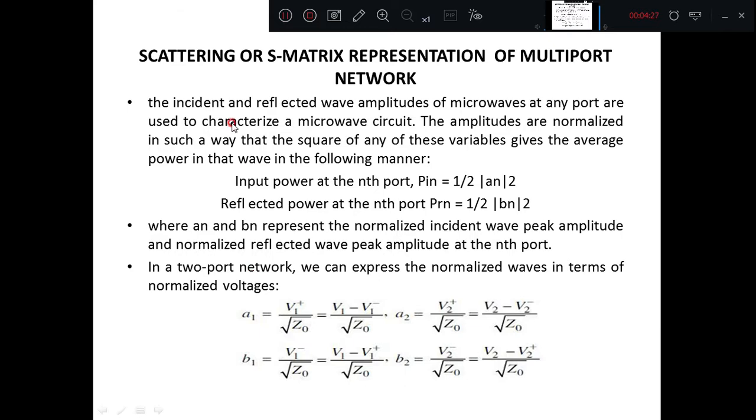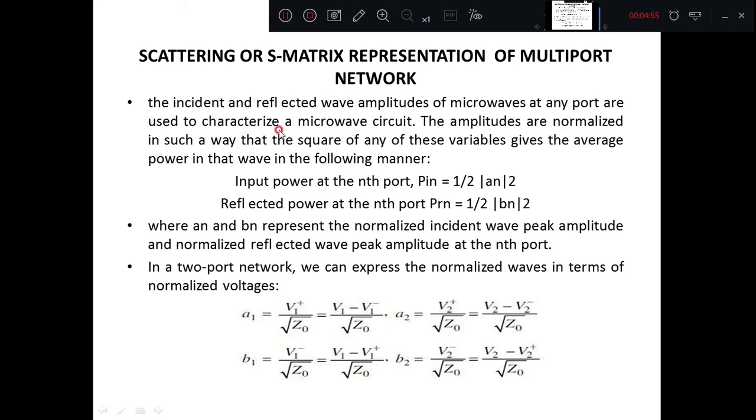They are namely incident and reflected wave amplitudes of microwaves at any port, which are used to characterize microwave circuits. So how many types of waves are we using? Two types of microwaves at any port. And the amplitudes are normalized, the amplitudes of the incident wave and reflected wave.